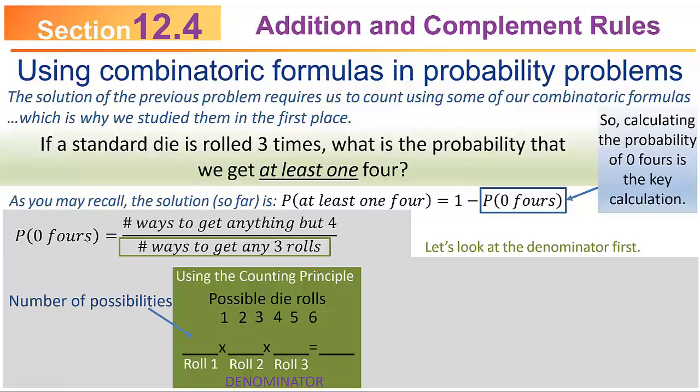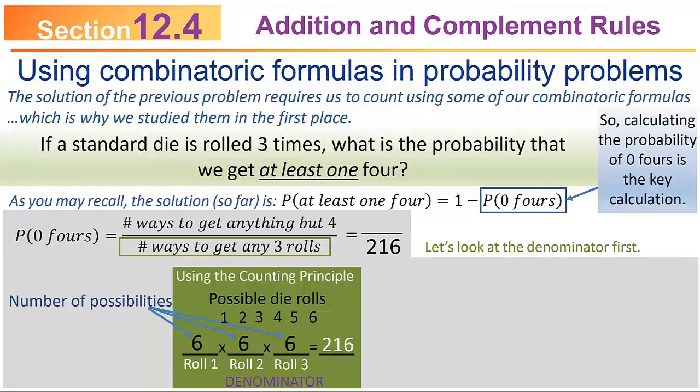For the first roll, there are 6 possibilities. For the second, there are still 6 possibilities, and for the third, there are still 6 possibilities. So the counting principle says the possible die rolls you can get when you roll 3 times is simply 6 times 6 times 6, which happens to be 216. That's the denominator. But what about the number of ways to get anything but a 4?